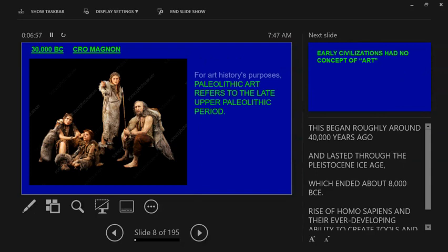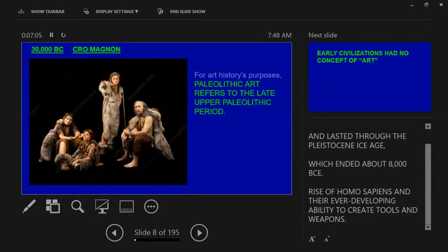This began roughly around 40,000 years ago and lasted through the Pleistocene Ice Age, which ended about 8,000 BCE or BC. This is the rise of the Homo sapiens and their ever developing ability to create tools and weapons.